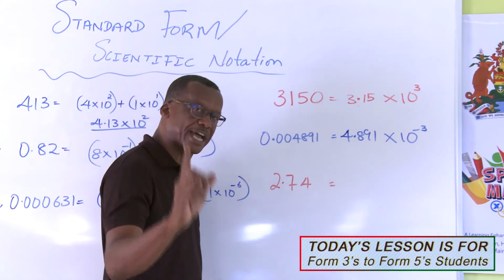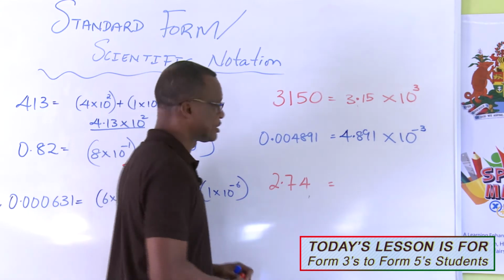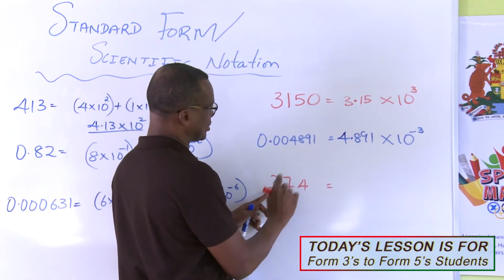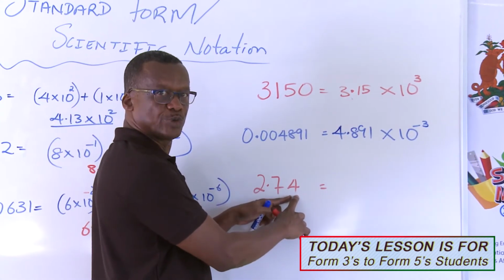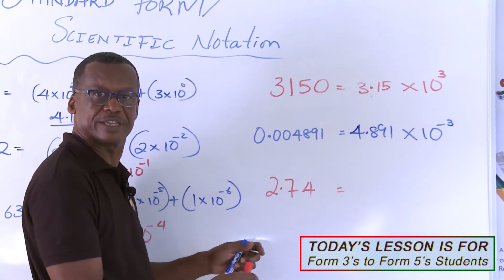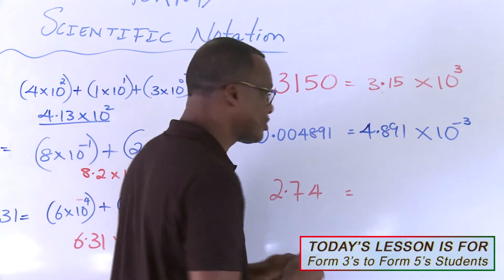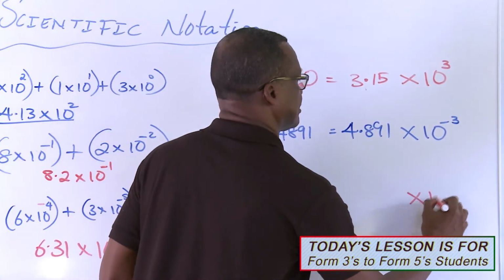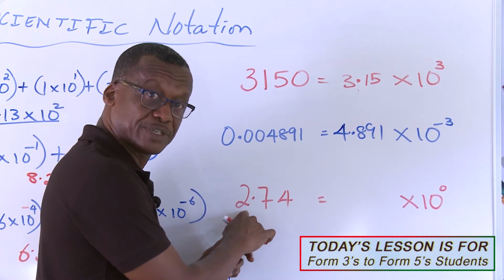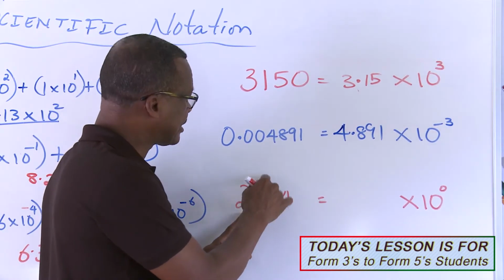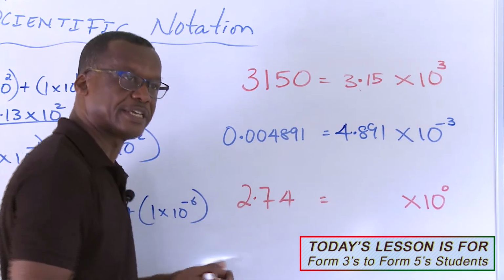2.74. What is the highest power of 10 in that number? We have 10 to the 0, 10 to the negative 1, 10 to the negative 2. The highest power of 10 here is 10 to the 0, since 0, by its place on the number line, is greater than negative 1 and negative 2.